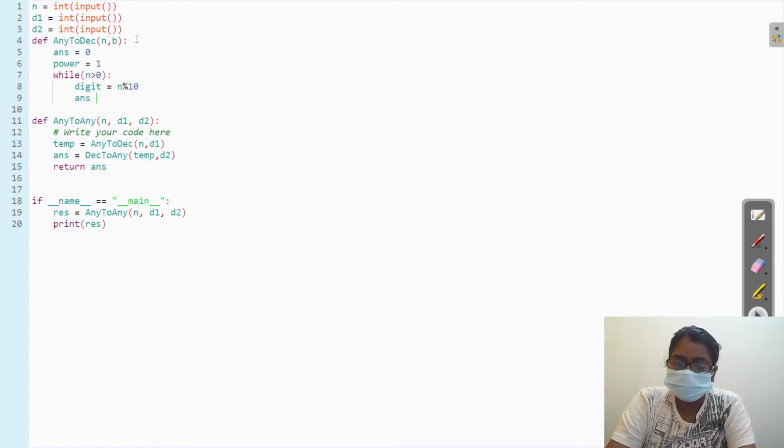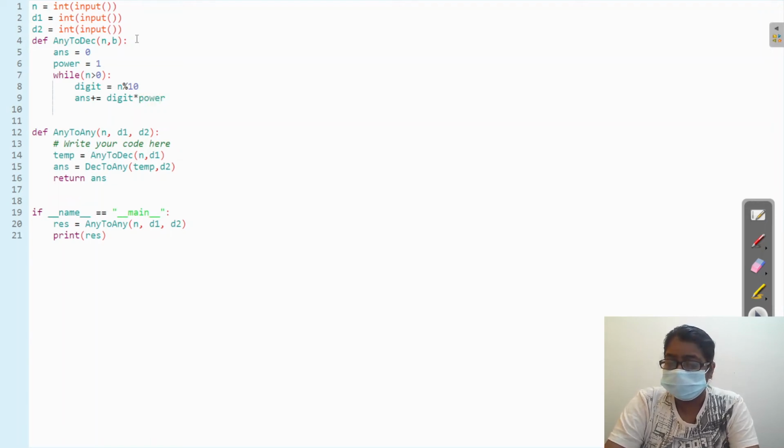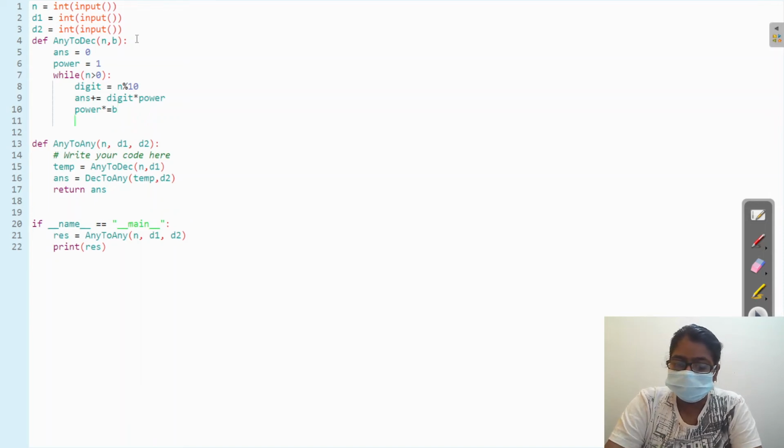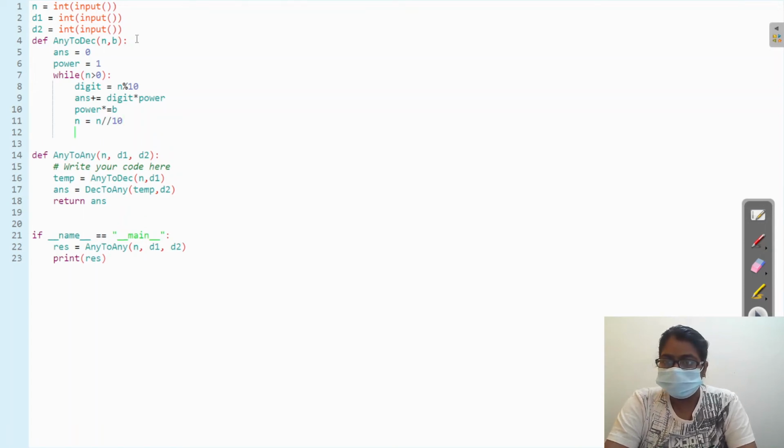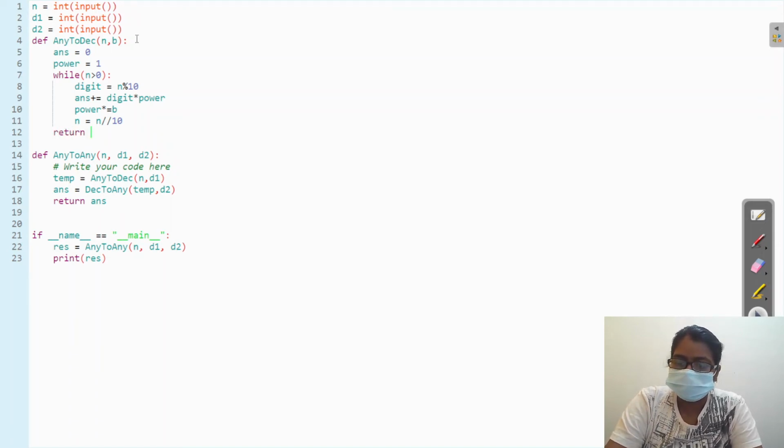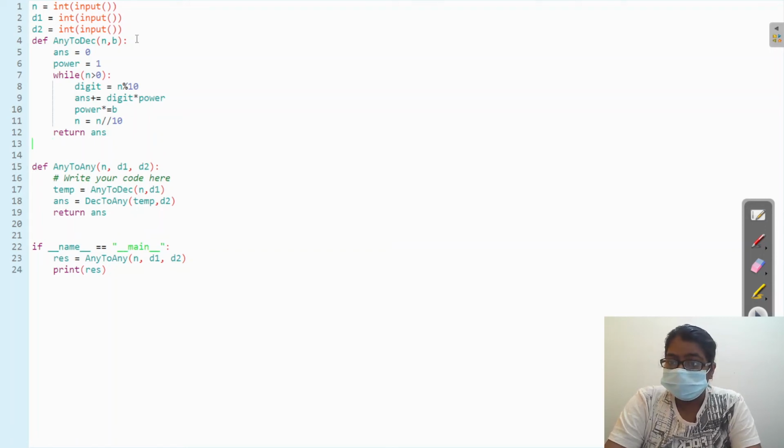Now update the answer: answer plus equal to digit into power. Then update the power: power into equal to base, and update n equal to n divided by 10. Then return the answer.